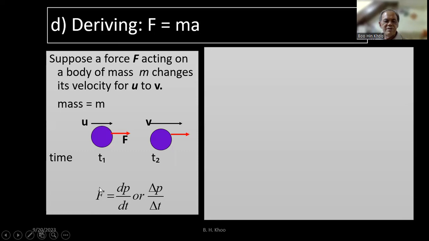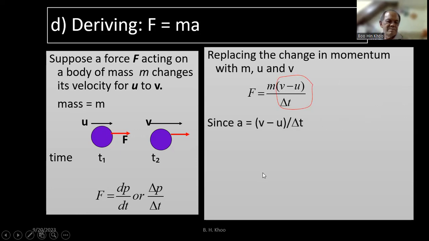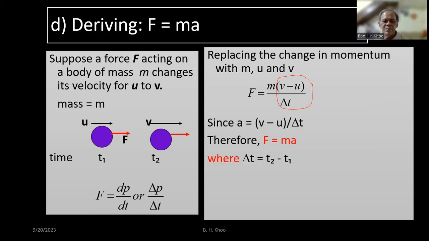So that is our definition of force. Replacing the change in momentum with m, v, and u, you have a delta t. That one is a, the definition of acceleration. So F equals ma. That's what we get, where our delta t is t2 minus t1, the time taken for the change, the time interval.